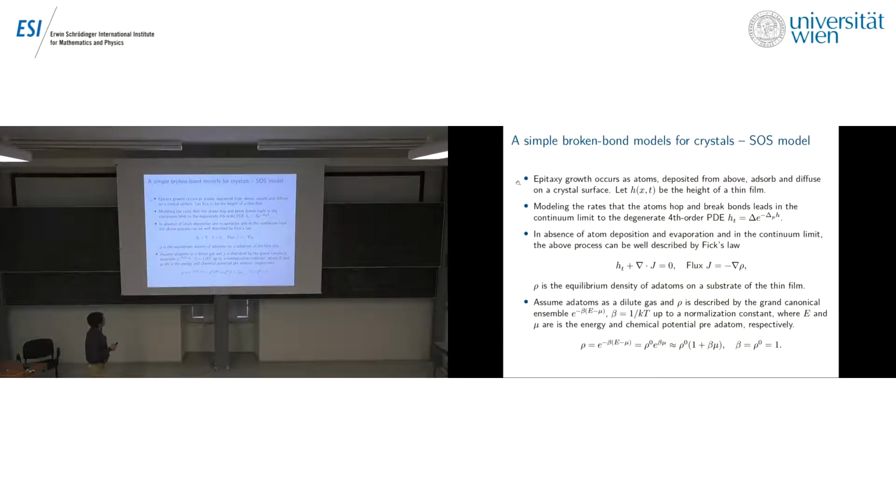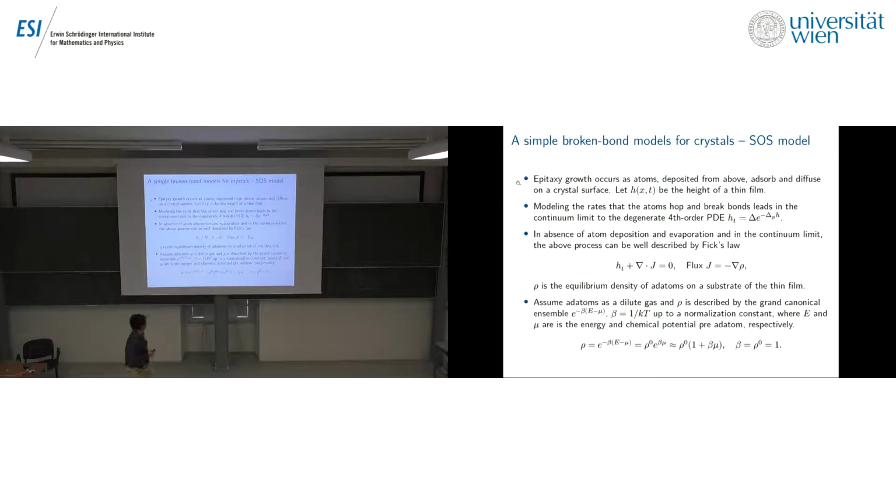Regard the adatoms hovering around the substrate as a dilute gas; then they basically satisfy Fick's law, and J is the flux, which is minus the gradient of the density.